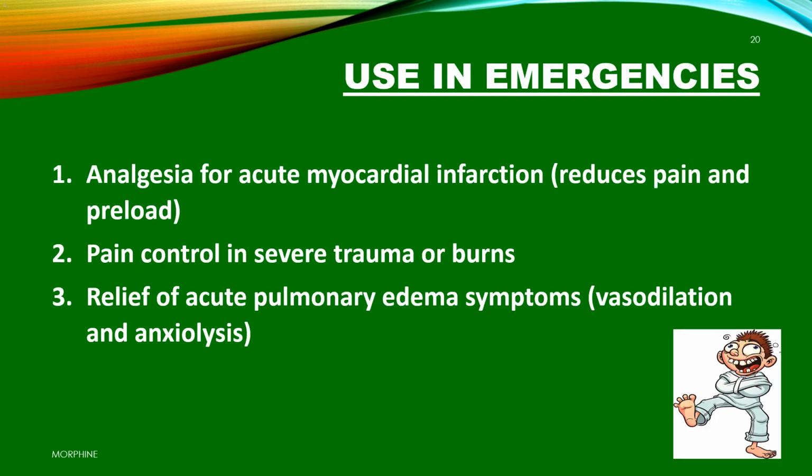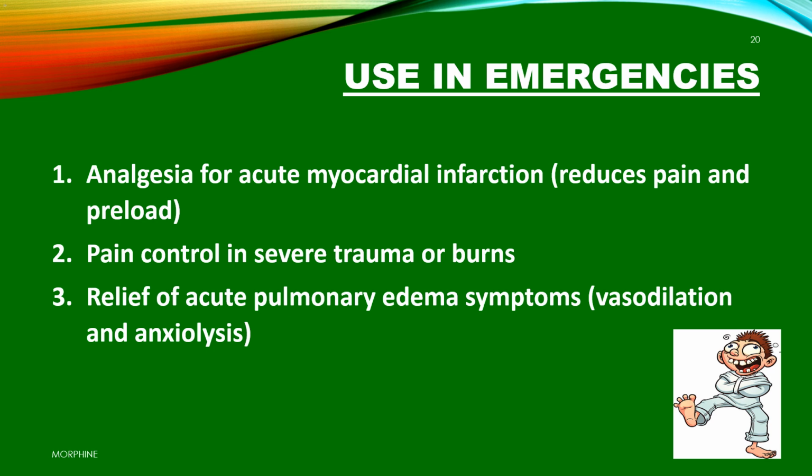Use of morphine in emergencies. 1. Acute myocardial infarction. Morphine is used to provide analgesia for heart attack patients, reducing pain and preload, the initial stretching of the cardiac myocytes prior to contraction, which can help decrease the workload on the heart. 2. Severe trauma or burns.